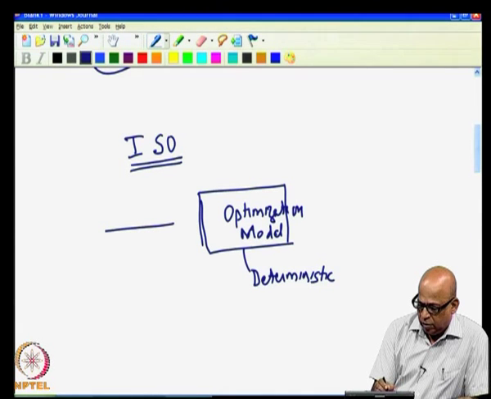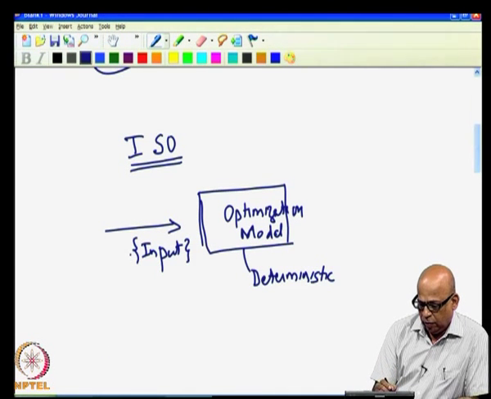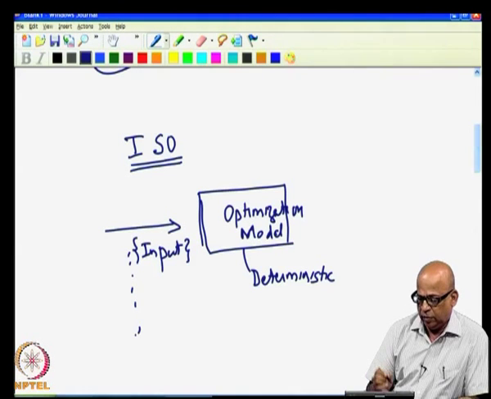But the sequences that we are using to run this optimization model, let us say you have the input sequence, these input sequences we will run for several such sequences.